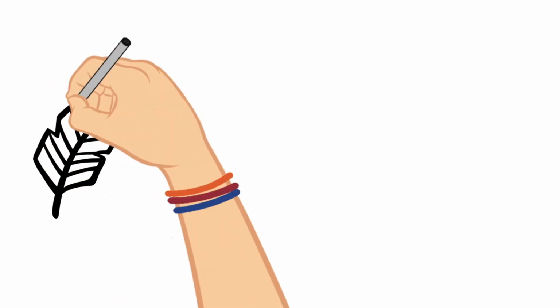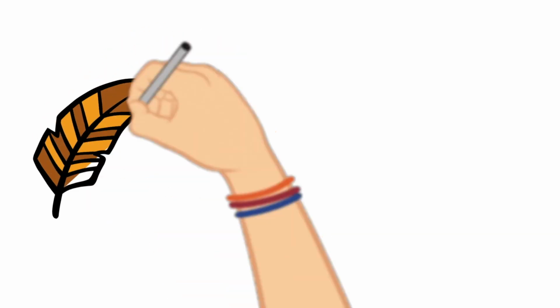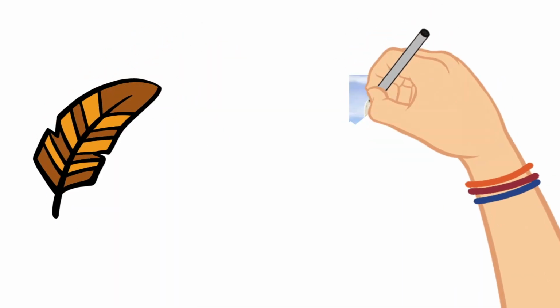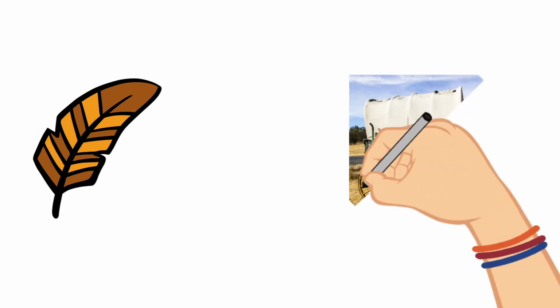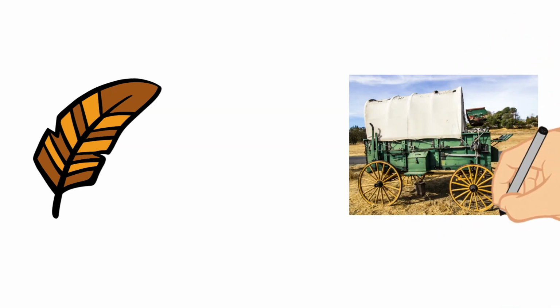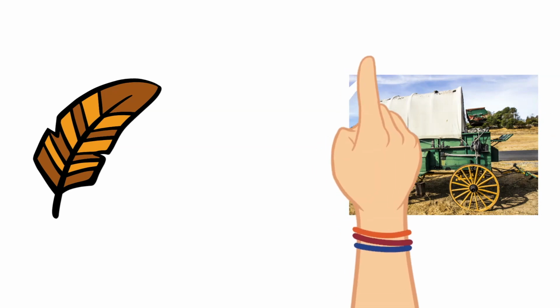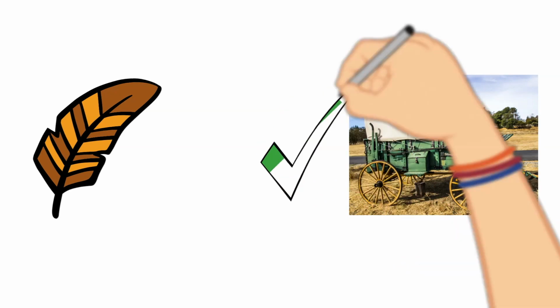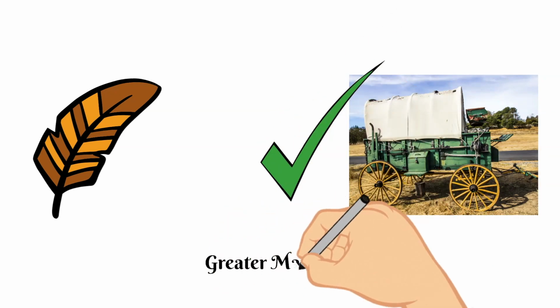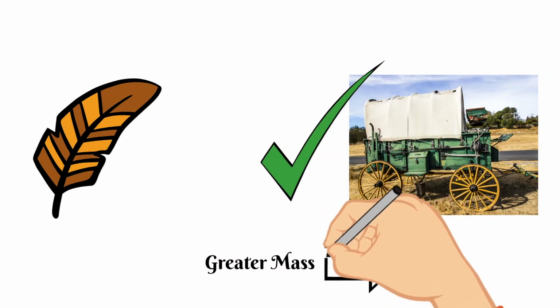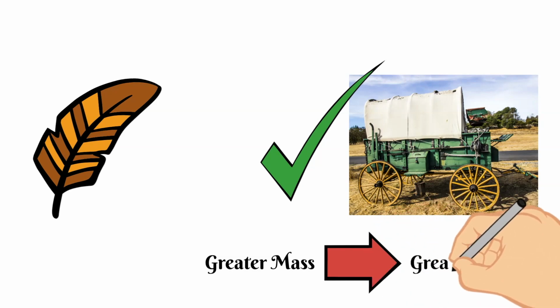So let's go ahead and look at some examples. What would need a force with a greater magnitude to accelerate? A feather or a covered wagon? That's right, a covered wagon. This is due to the greater mass of the covered wagon compared to the feather.